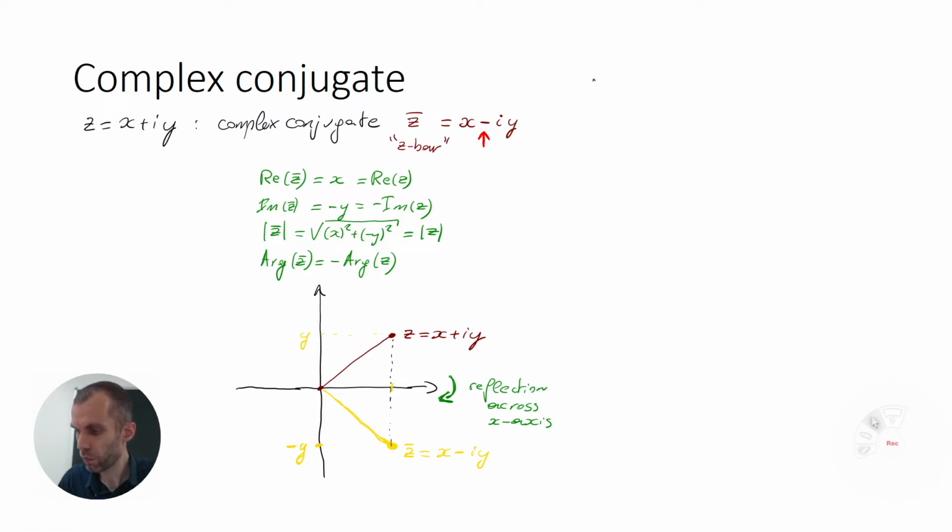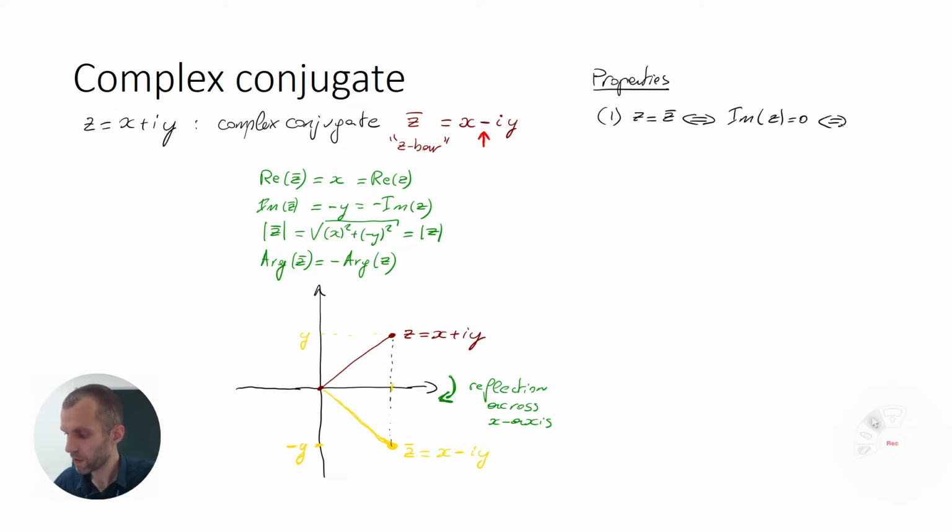And a few more properties that are useful to keep in mind. We have that a number is equal to its complex conjugate if and only if the imaginary part is equal to 0, and that's the case if and only if the number was a real number to begin with.